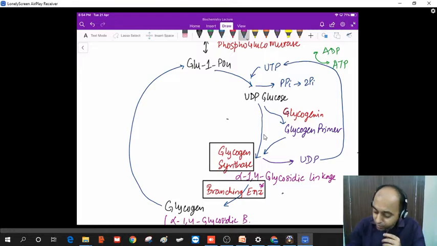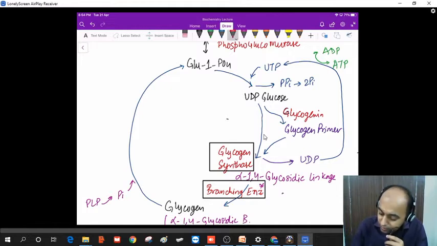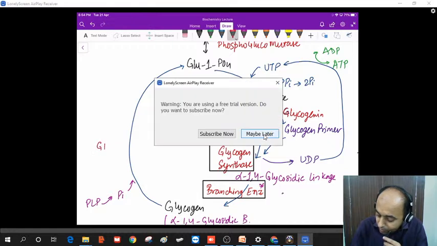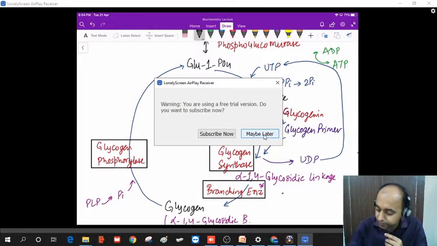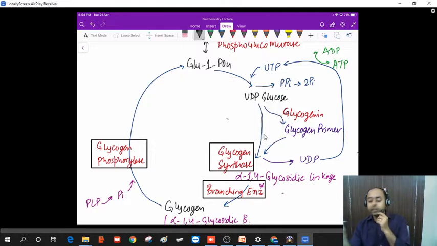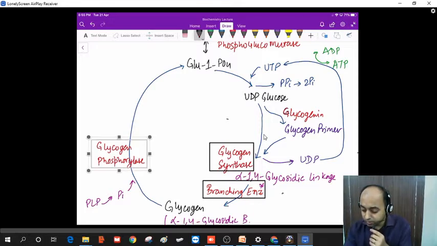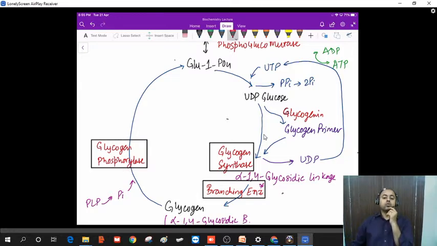Directly by getting the phosphate from PLP. PLP will provide the phosphate. Under the influence of the enzyme glycogen phosphorylase, the last glucose is quickly cleaved, and it gives us the glucose 1 phosphate.